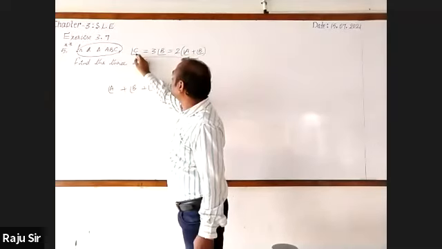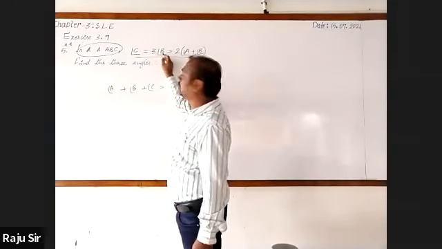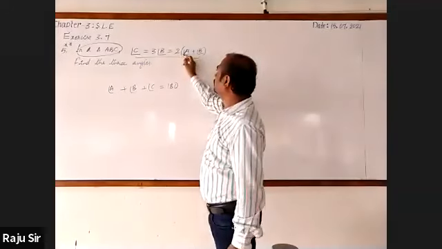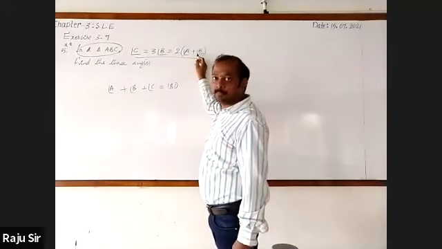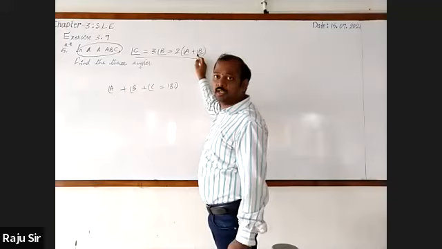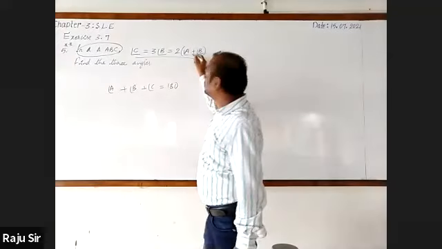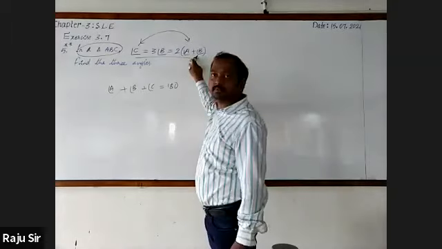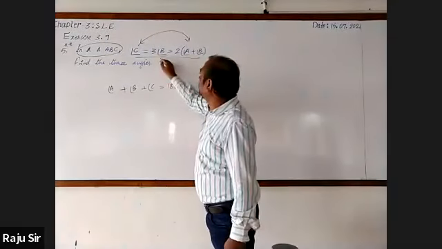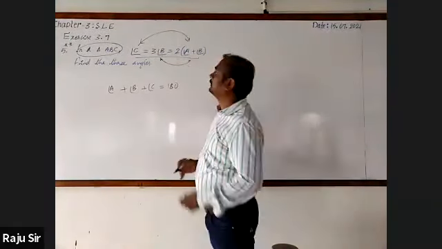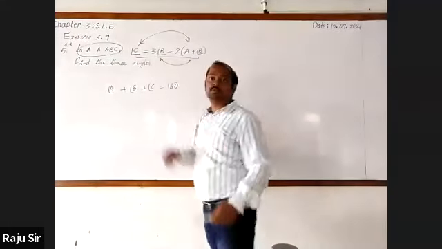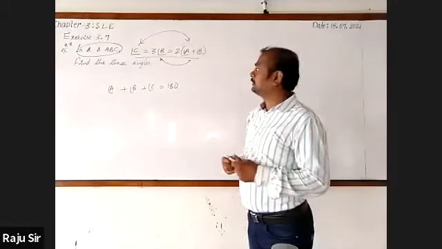Look at angle C is equal to 3 times angle B and is equal to 2 times the sum of angles A and B. Which means you may take angle C is equal to 2 times A plus B, or 3 times B is equal to 2 times A plus B.